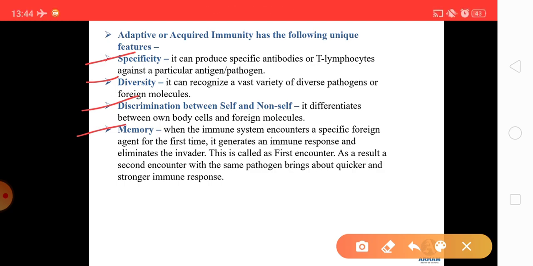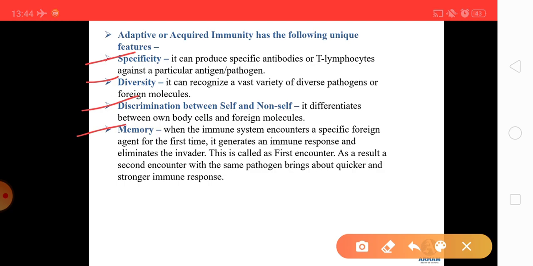When the immune system encounters a specific foreign agent for the first time, it generates an immune response and eliminates the invader. Suppose for the first time a certain virus enters your body. What will your body do?